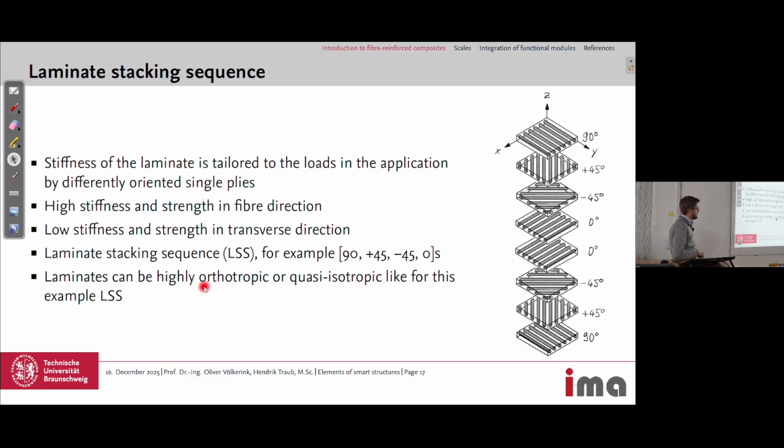And laminates can be highly orthotropic or quasi-isotropic, like for the example laminate stacking sequence. So you can build really orthotropic laminates with higher stiffness in one direction, and this laminate with, let's say, all directions covered would be quasi-isotropic, so behaving similar to an isotropic material, for example metal.